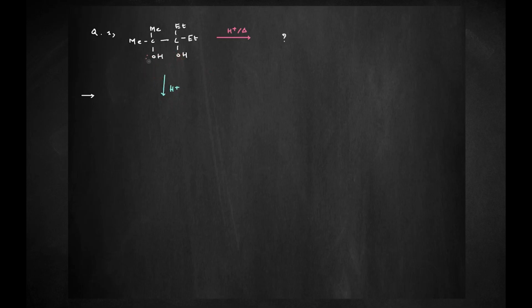If you protonate this particular OH, it will get converted into this particular thing. Look at here, OH2 plus, okay, and if you do protonation of this particular OH, it will get converted into this particular part.